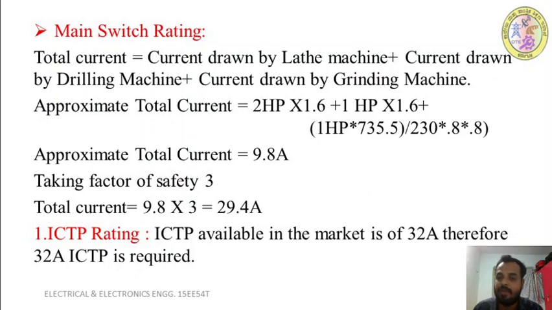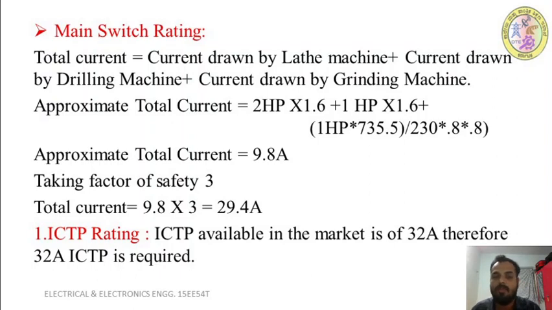So 1 HP into 1.6 plus, what is the current drawn by the grinding machine? This grinding machine is a single phase machine, so we cannot apply this multiplication factor for this single phase machine. What is the formula for load current of a single phase grinding machine? It is HP into 735.5 divided by 230 into 0.8 into 0.8.